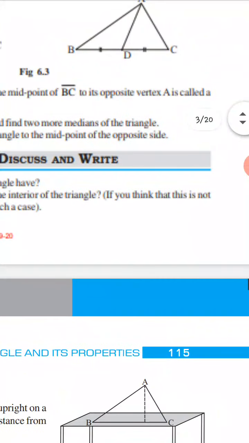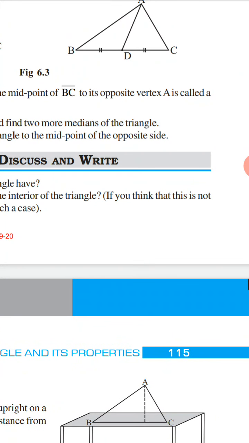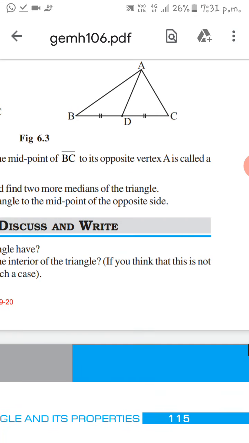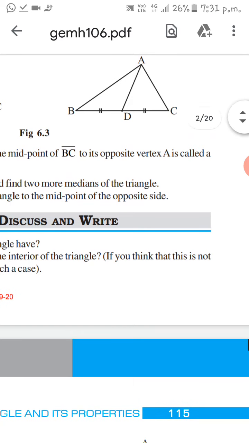So we have got the difference: if we join the midpoint of a side to the opposite vertex, we get a median. Actually, we can have three medians of a triangle because we can join the midpoint of side AC to B, and the midpoint of side AB to C. So three medians are there, and three medians pass through the same point, which is called the centroid.